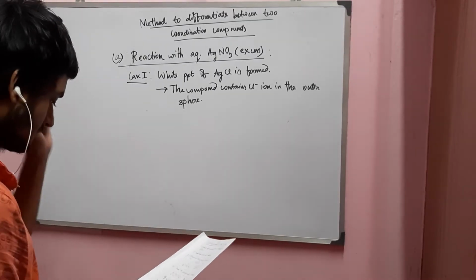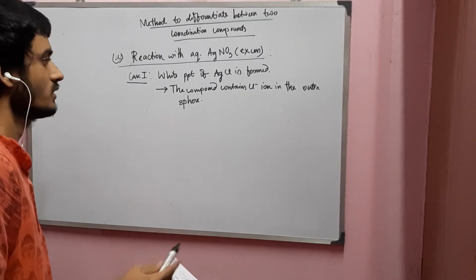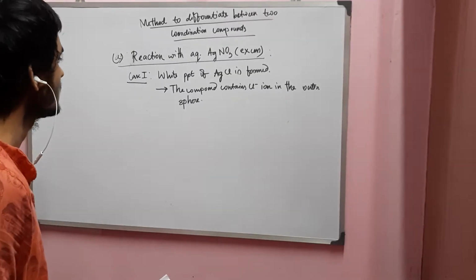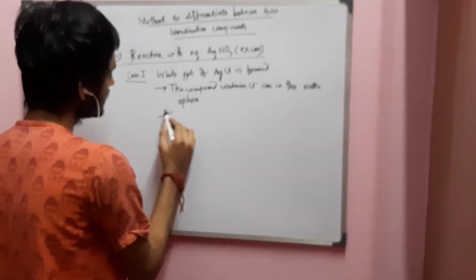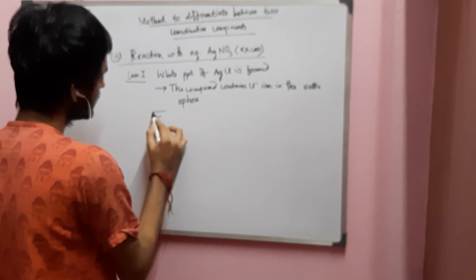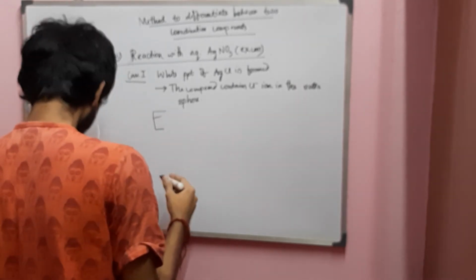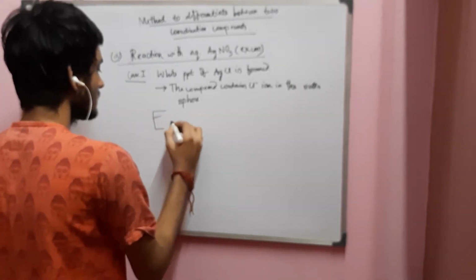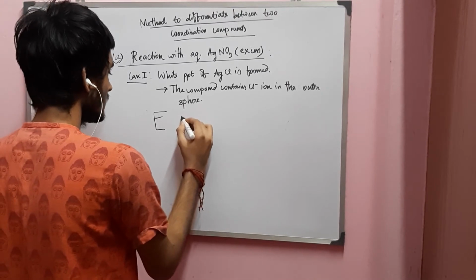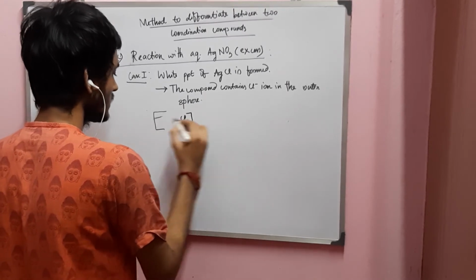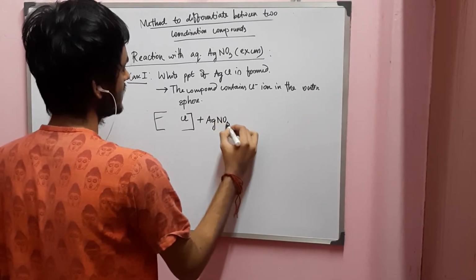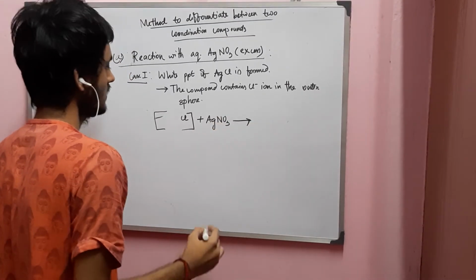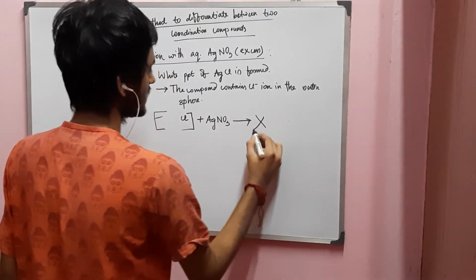Okay, so let's understand this point. Suppose this is a coordination sphere, and here is something, and the Cl is inside the coordination sphere, and we are reacting this with aqueous AgNO3, then no reaction will occur.